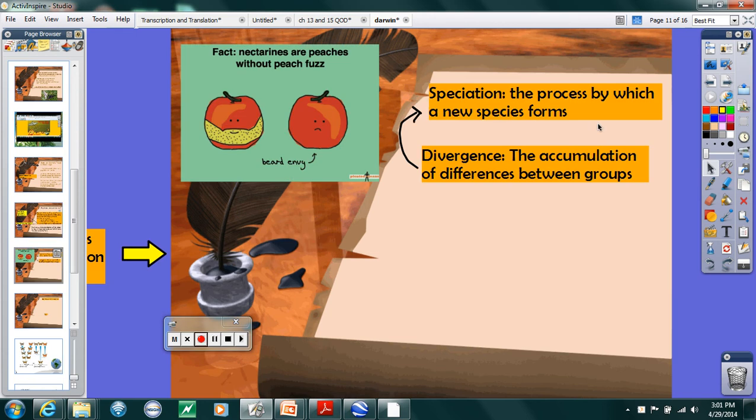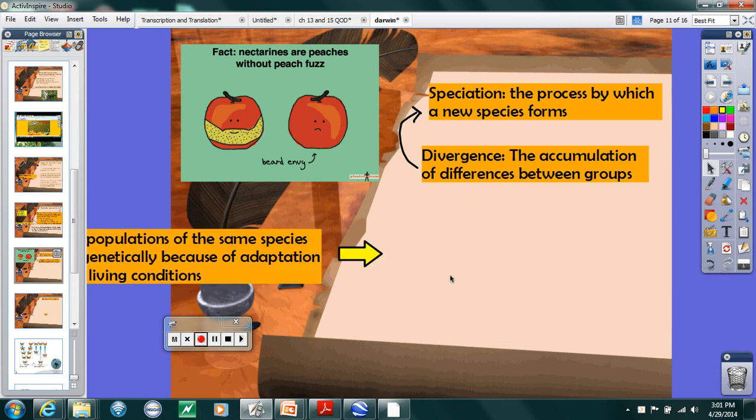This can cause what is known as speciation, which is the process by which a new species forms. And speciation is often caused by divergence, which is the accumulation of differences between 2 groups. So often divergence causes speciation.